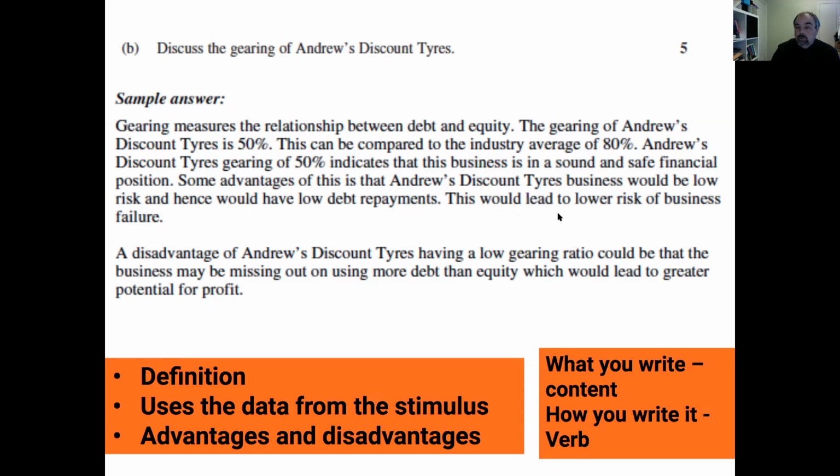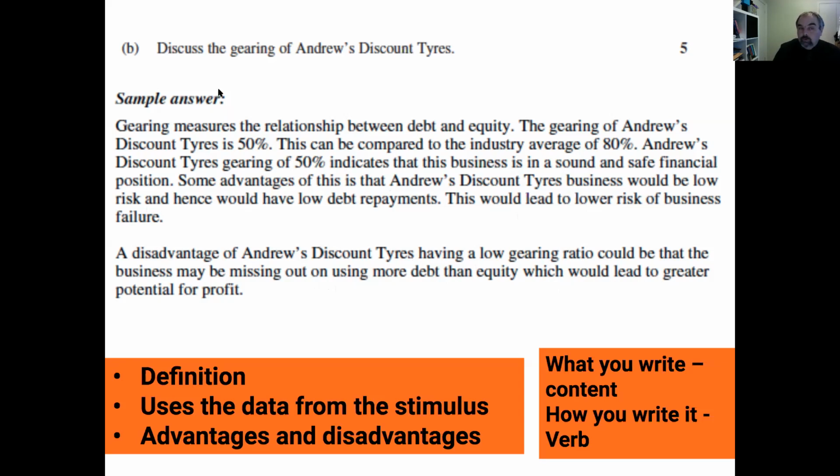Okay, this would lead to a lower risk of business failure. So we've got another reason or another advantage there. Then in this particular answer, the student has then said a disadvantage of low gearing could be that the business may be missing out on using more debt than equity, which would or could lead to greater potential for profit.